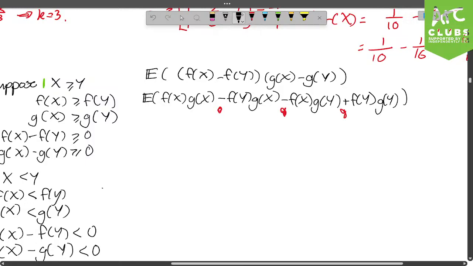Something we know about expectation values is when we have sums, regardless of what they are, we can break them apart. And we also know that this is greater than or equal to 0.